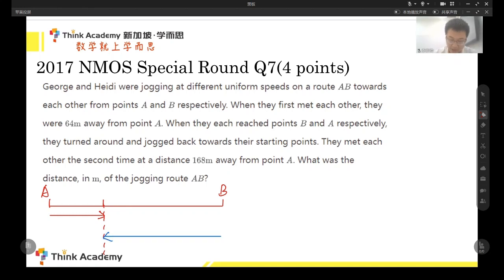When they met at this point, they kept walking and turned around when they reached the vertex, and then they meet again for the second time.